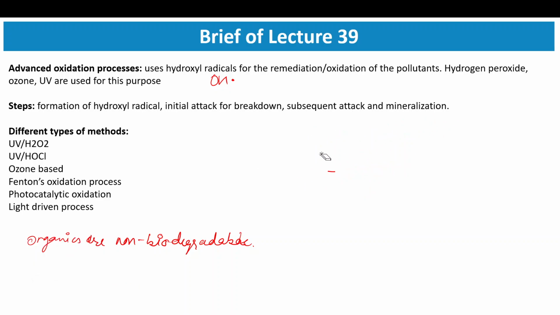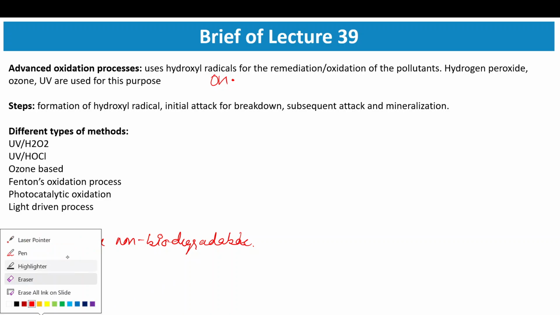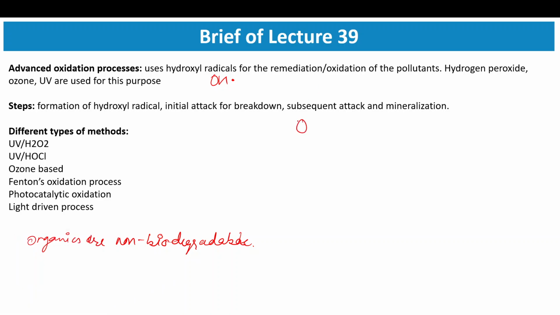Now, if we talk about ozone, it is an O3 molecule. It gets converted, and there are multiple steps involved in this. You can look into these steps in the class, but I will give you the overall view.